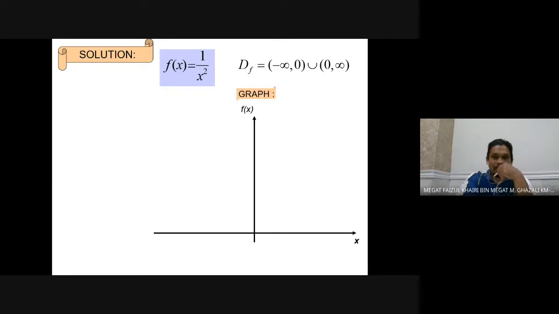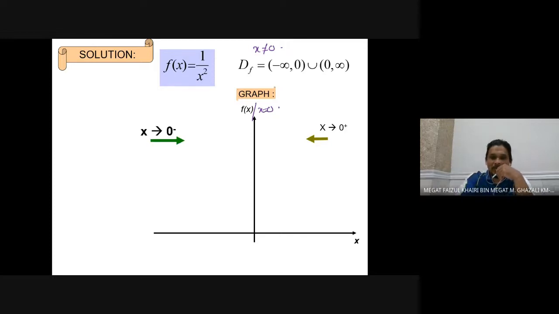And the graph, where x cannot be equal to 0. Look at this one here. From negative to positive infinity except when x equals 0. So x equal to 0 is along the y-axis. This is where x equals 0.